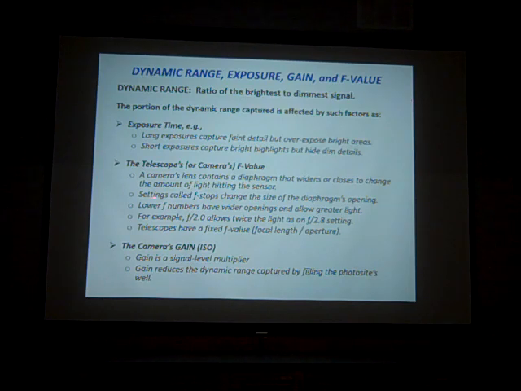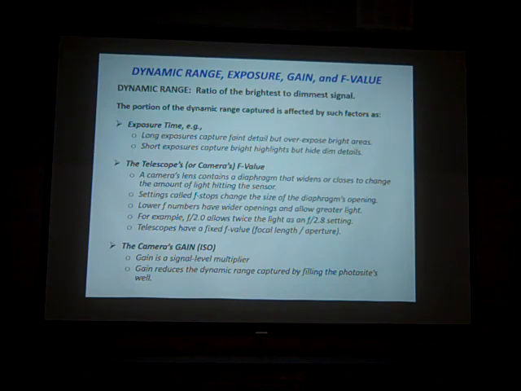A telescope or camera's f value can also greatly impact dynamic range, and there's a big relationship between the f value and exposure time. If we look at a digital camera, like a digital single lens reflex camera, it has a diaphragm in there, kind of like the pupil of the eye, that can expand or contract.